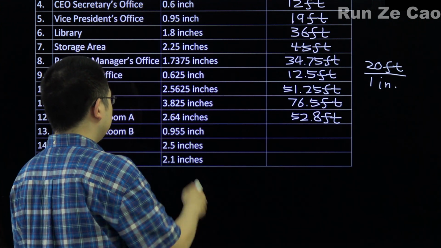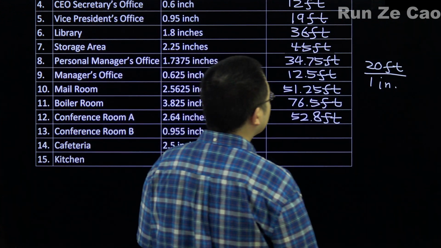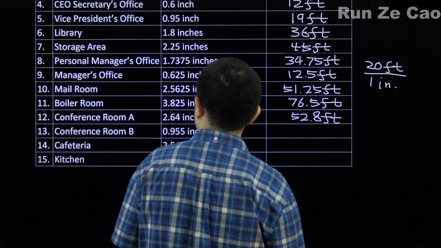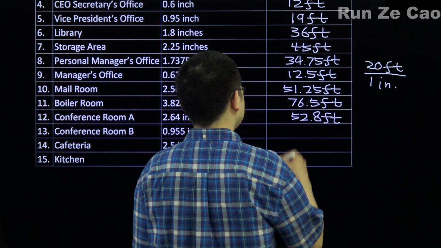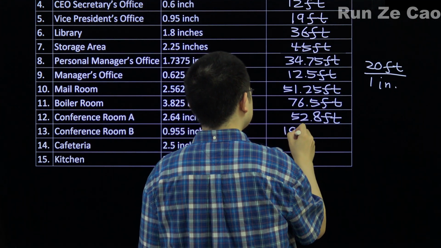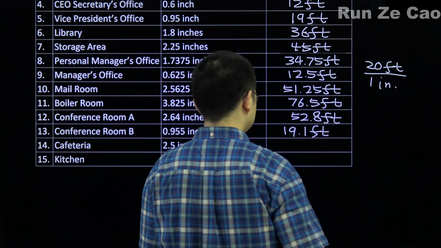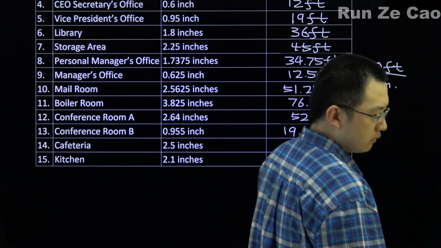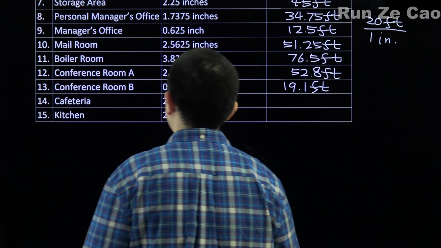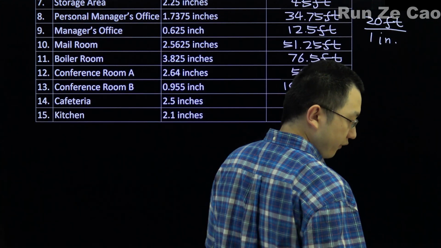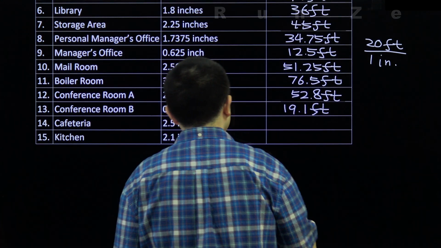Now, 0.955 inches at 20 feet per inch, that's 9.55 times 2, which points us to 19.1 feet. 0.5 inches for the cafeteria at 20 feet per inch.